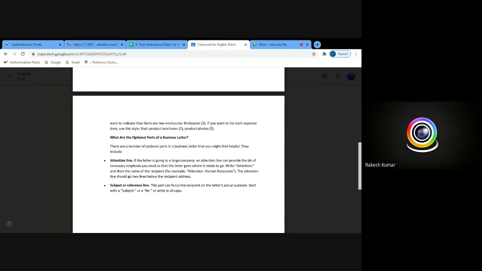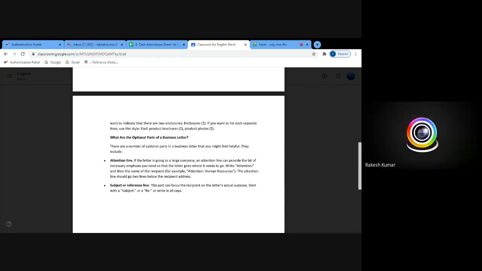There are many things you can enclose with your letter. These are called attachments. For example, there is an invitation from a college, and they can send brochures along with it. So ENCL: brochure. You can write that in your letter.